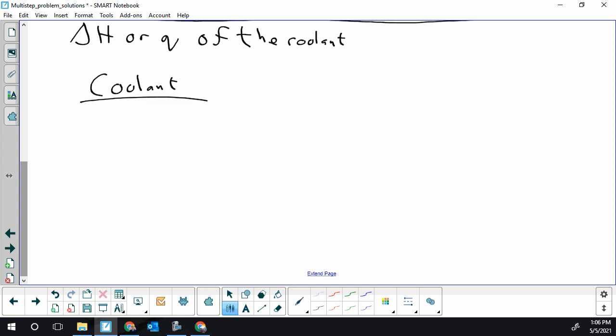So our coolant Q is the mass of the coolant times the specific heat of the coolant times the temperature change of our coolant. So we had 20 kilograms, or 20,000 grams, of our coolant times the specific heat capacity.